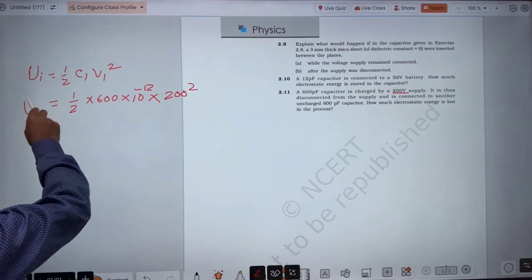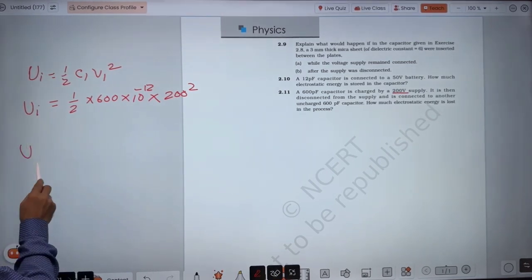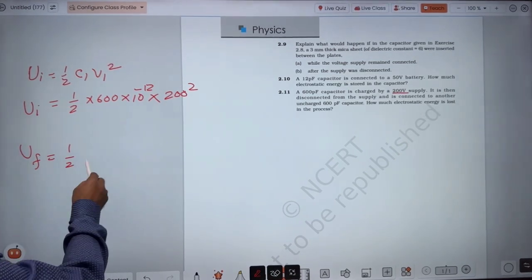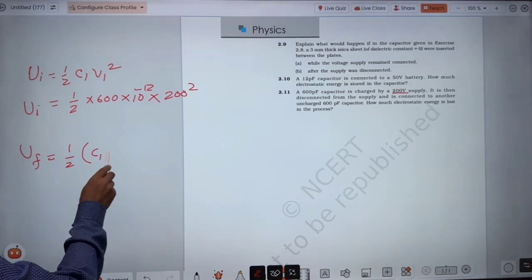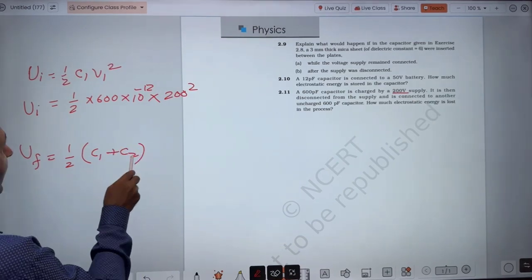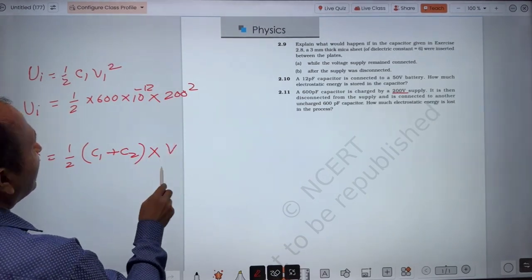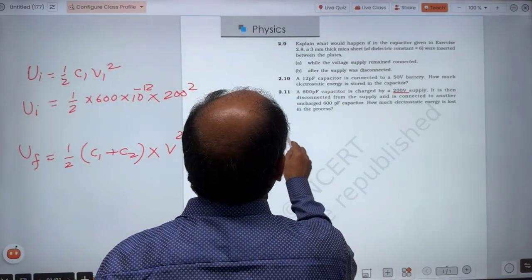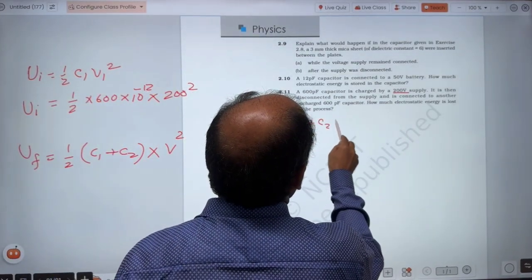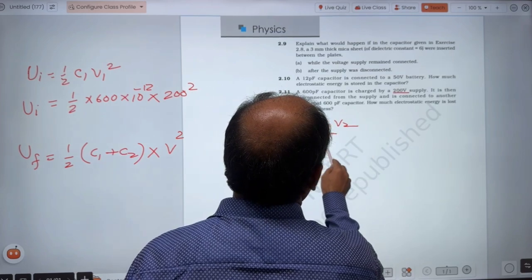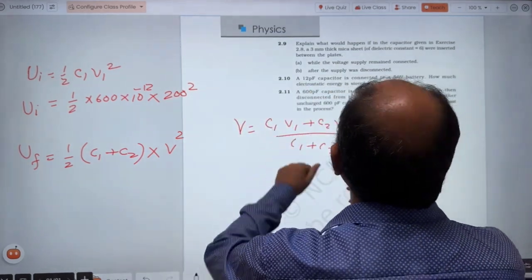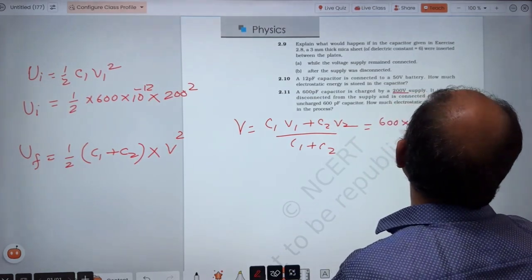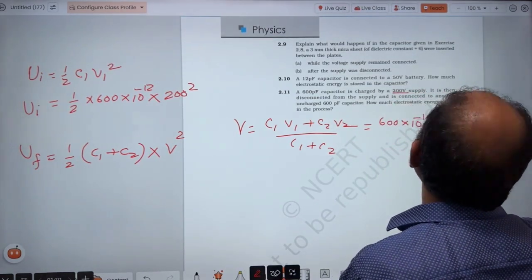So C1 is 600 into 10 to the power minus 12 into V1, which is 200, divided by C1 plus C2, 600 plus 600 into 10 to the power minus 12. It will come out to be 100 volt. So you can put these values here. U final will be 1 by 2 into C1 plus C2, so 1200 picofarad into 10 to the power minus 12 into V square. What is the voltage? Say 100 square.